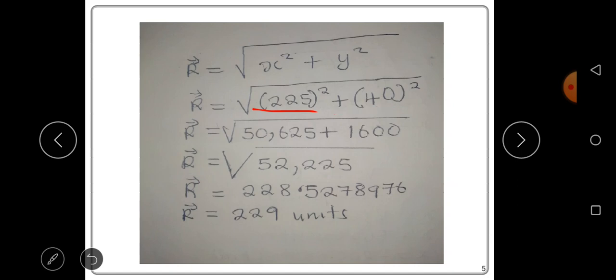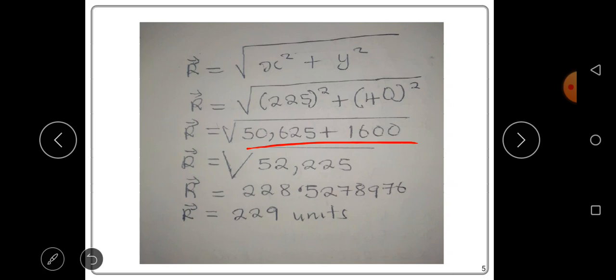When you punch 225 squared on a calculator, you get 50,625, plus 40 squared, which is 1,600.